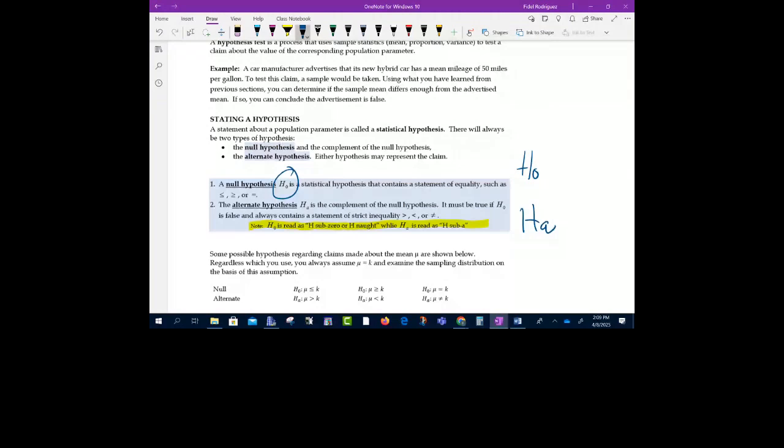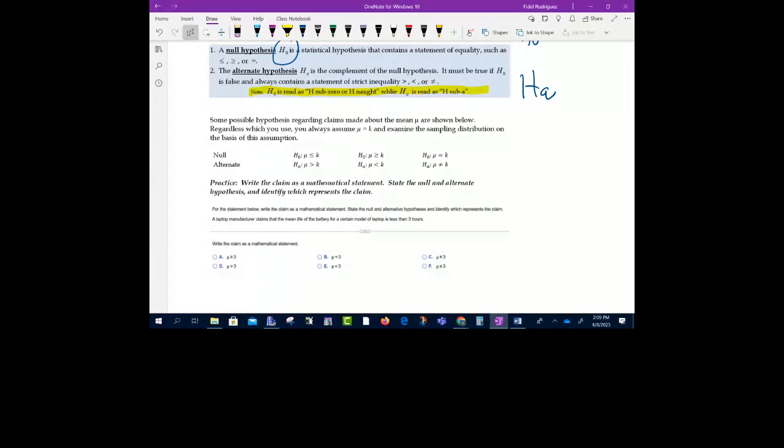Some possible hypotheses regarding claims about the mean mu are shown below. Regardless of which you use, you must always assume mu is equal to k in examining the sampling distribution on the basis of that assumption. Let's take a look here, y'all.